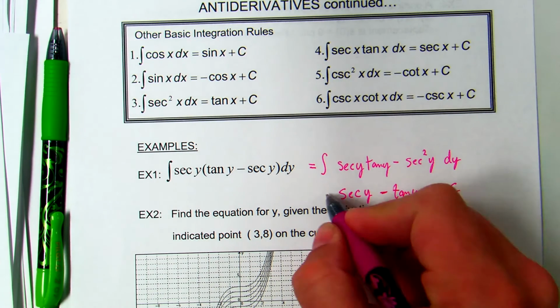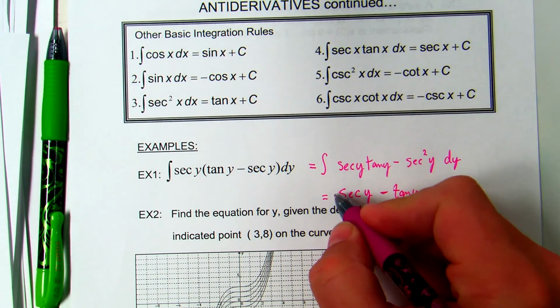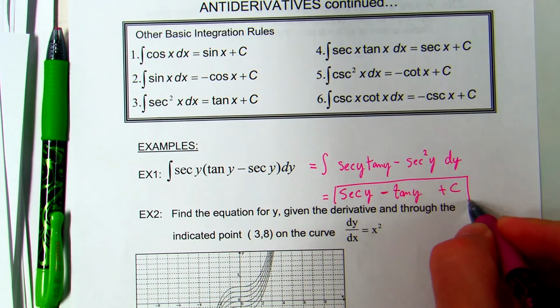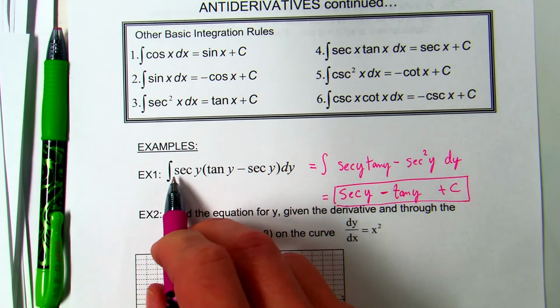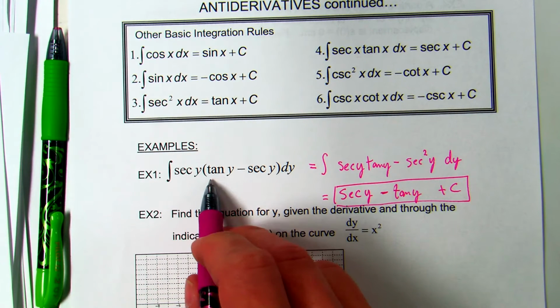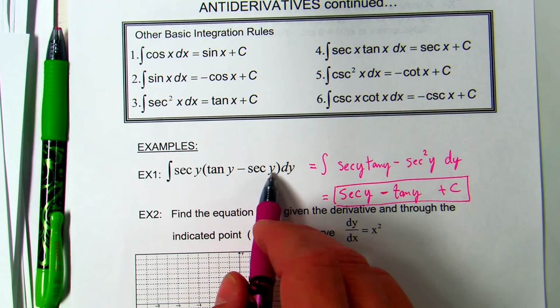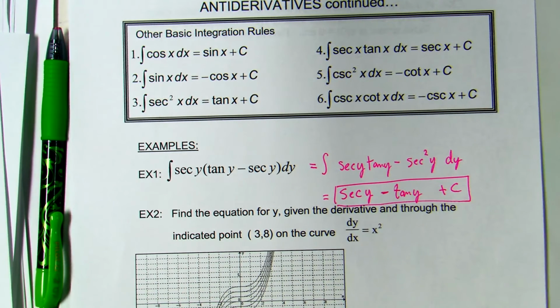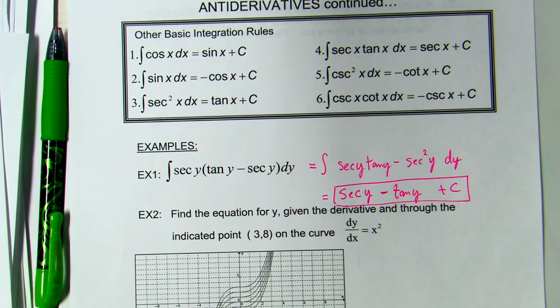So this should be the antiderivative of secant y times tan y minus secant y with respect to y. That's pretty straightforward and simple, hopefully.